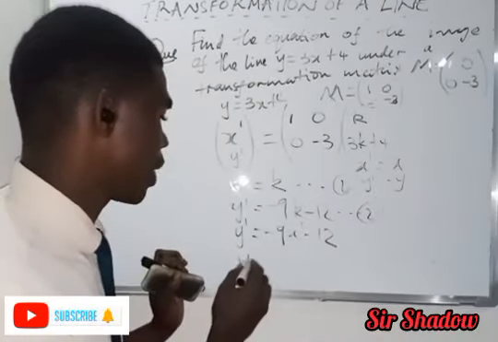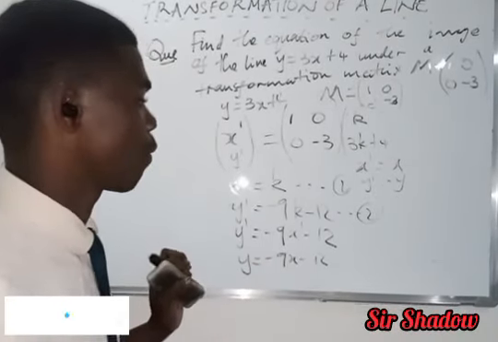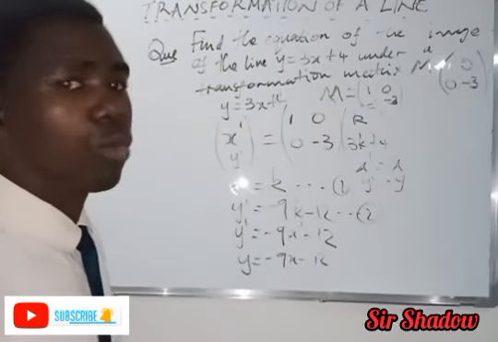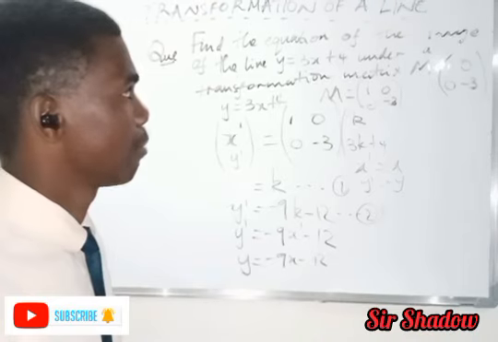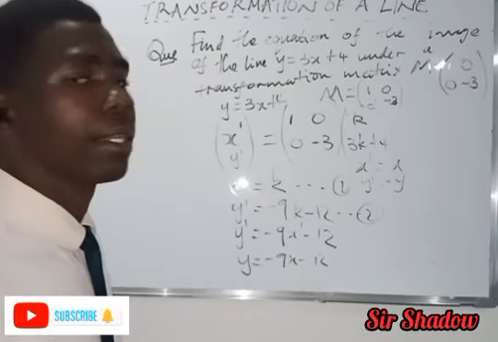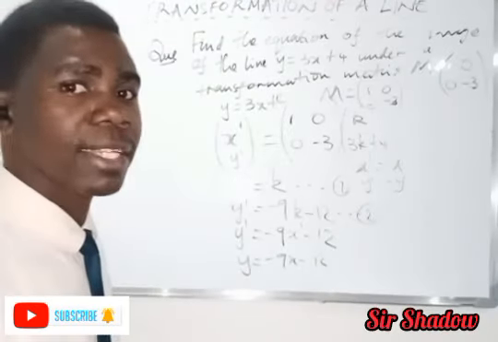So the equation of the image is now y equals minus 9x minus 12. So this is how to find the equation of the image from these two methods, method number 1 and method number 2, when you are given the equation of the object and a certain matrix M.